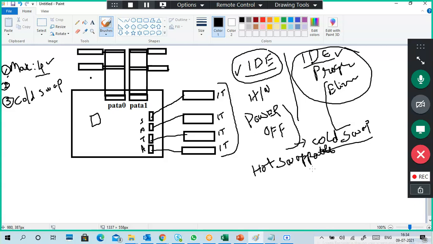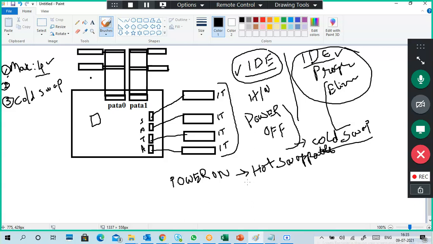Understand? What is hot swappable? When power is on, you are able to change your hardware. Like you may remove the hard disk, or you can connect your pen drive. Even in the power-on condition, you can change your hardware.